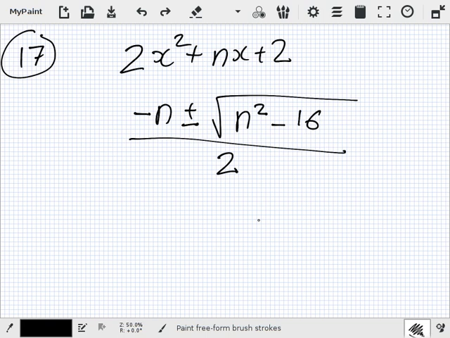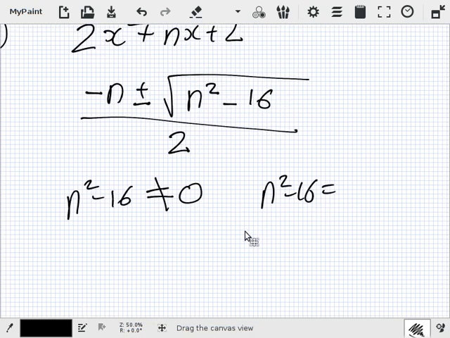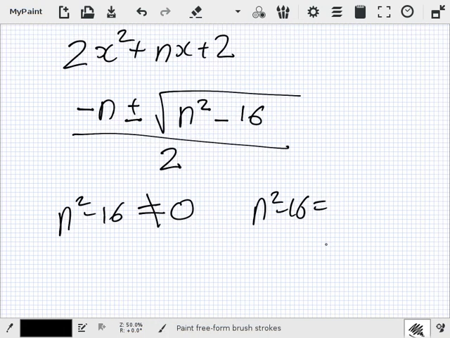So we can't use 4, because if we use 4, we only have one root. So we need n squared minus 16 to not equal 0, and we also need it to be equal to a square number. Now, why am I saying that?